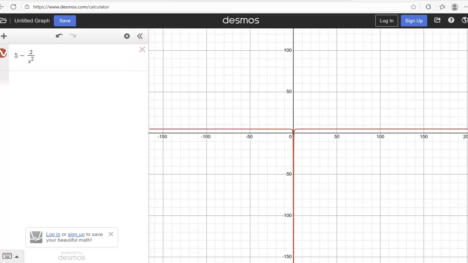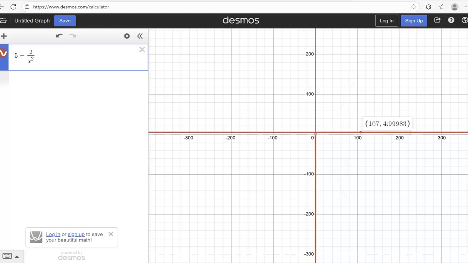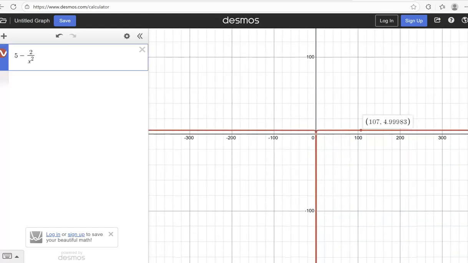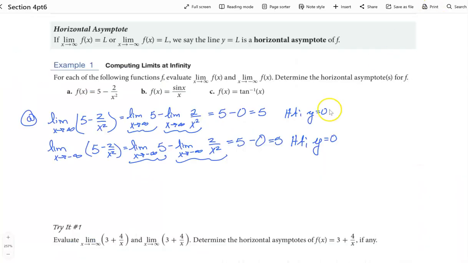Even if I were to zoom out quite a bit, you're going to see the same thing. We're never going to quite reach 5, but we're going to get super close to it as x gets really big or really small. And that's all that a limit at infinity is telling you.